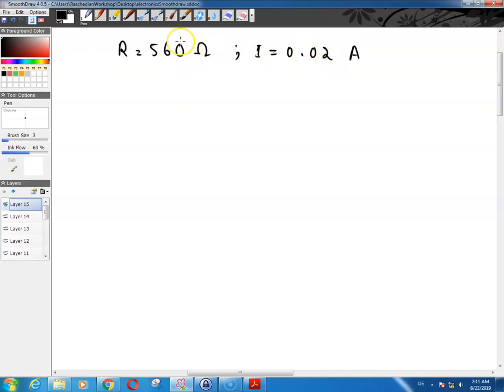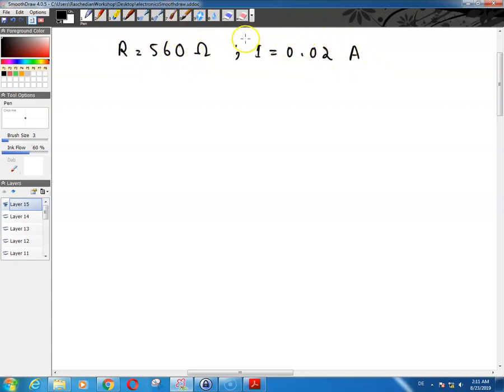Usually in electronics, everybody calls this 560 ohms, although most probably this is not the kind of resistor that you would actually get. This value of resistor is most probably not even in range, but that doesn't really matter.